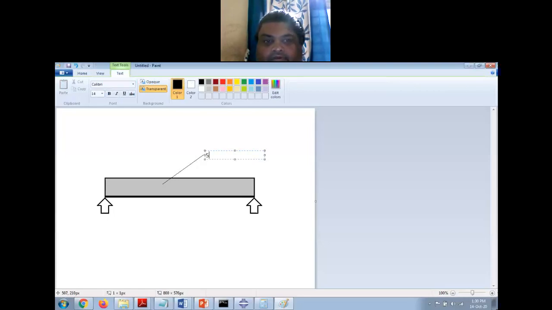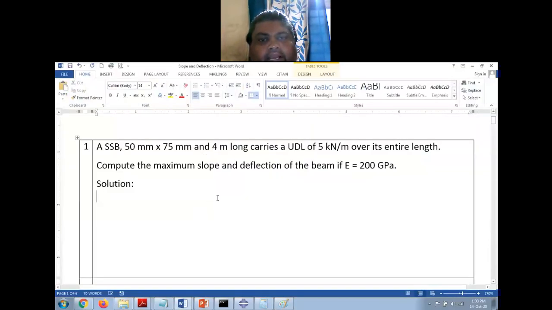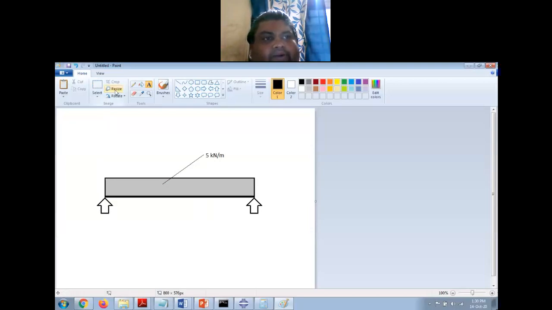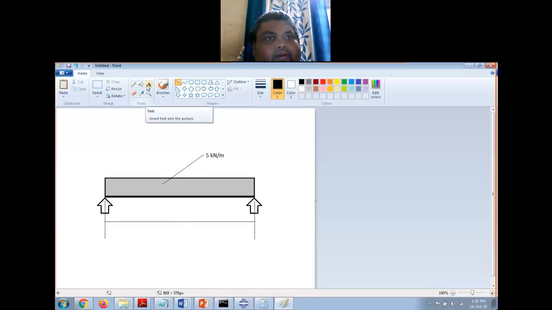This is 5 kilonewton per meter, and the span is 4 meter. So let me just show the span from here to here.